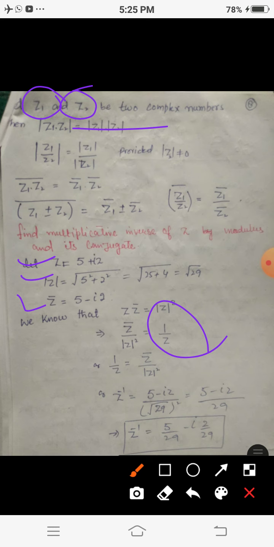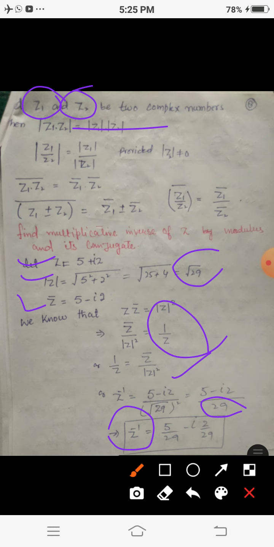Here z bar is 5 minus 2 iota, while mod z is root 29, so mod z square is simply 29. This implies that 1 upon z, the multiplicative inverse, which is usually denoted by z raised to minus 1, is 5 by 29 minus iota 2 by 29.